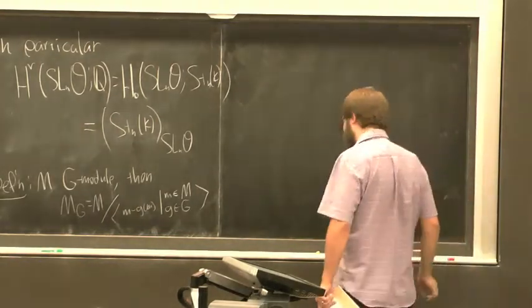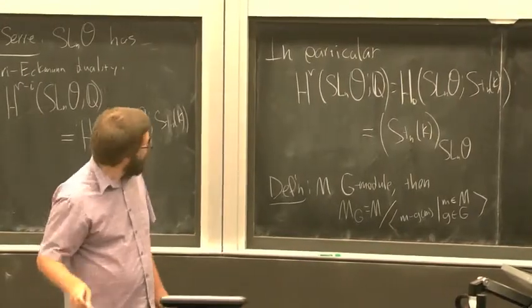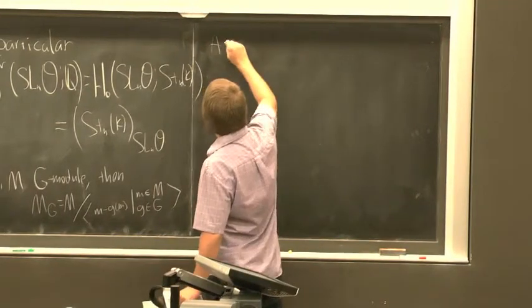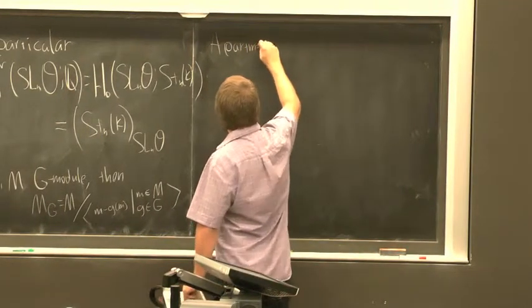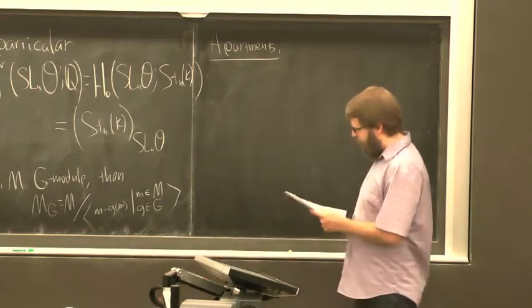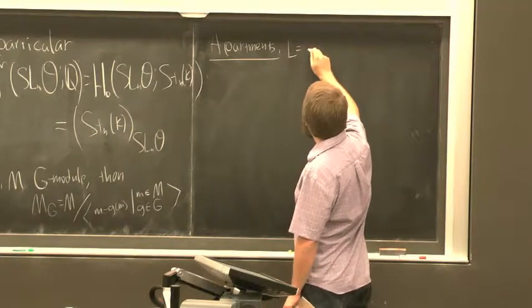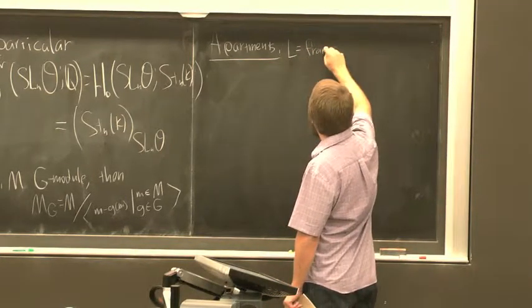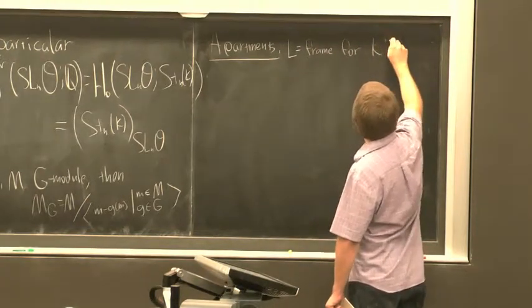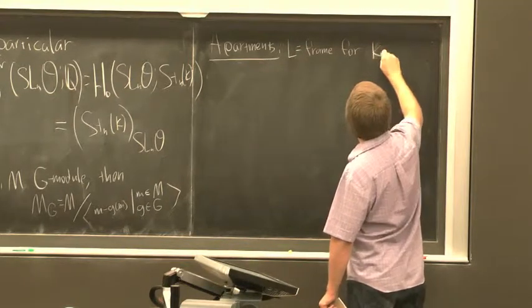So these are what are called apartments. Let's let L be a frame for k^n.